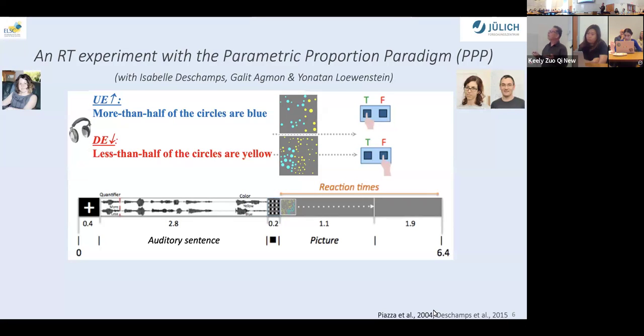And you basically heard a sentence like any of these two. The duration of it was fixed. Maybe the duration of the sentence, as you can see here, may not be fixed, but following a period of 3 seconds or 3.4 seconds, actually, in this experiment, you started seeing an image.